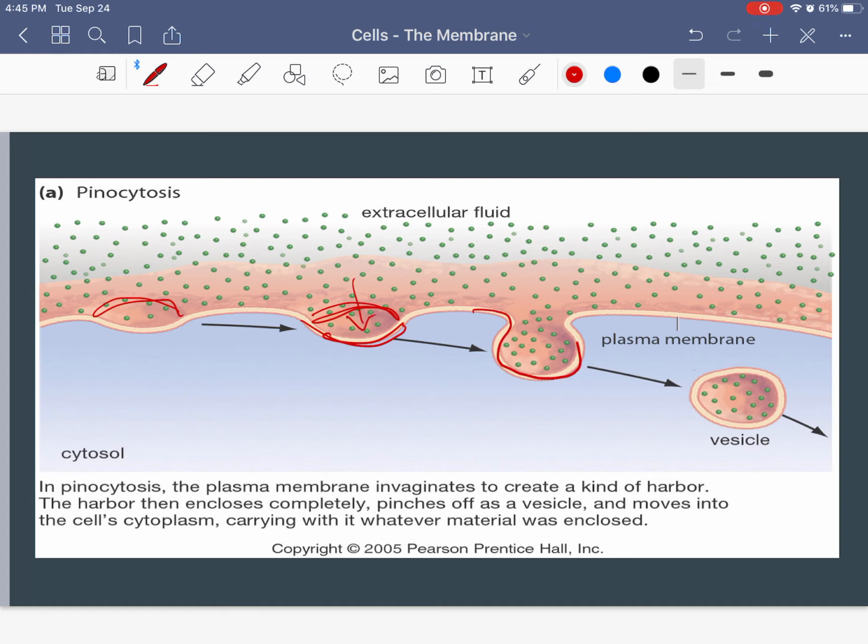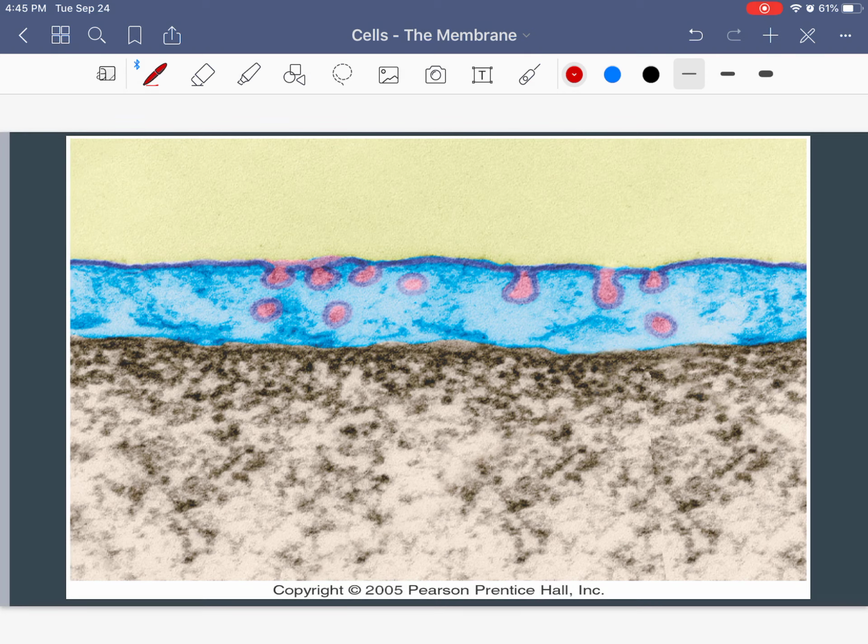Eventually that depression deepens enough that you can hold a lot of materials, and this side right here will pinch towards that side right there. Eventually you get an entire vesicle that can be transported within the cell. So maybe we're moving materials that we need in order to build structures or run different cell processes, and we now have that. So, pinocytosis. And this is a diagram of it. It's really pretty neat where you have your extracellular fluid here.